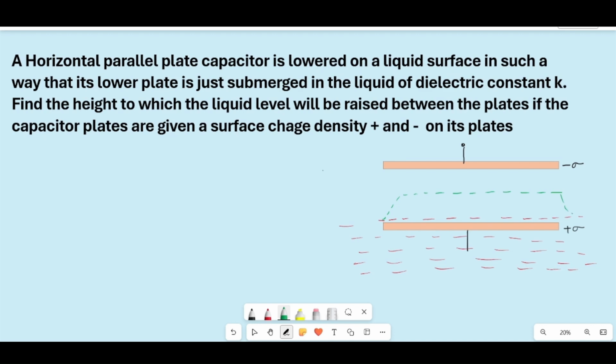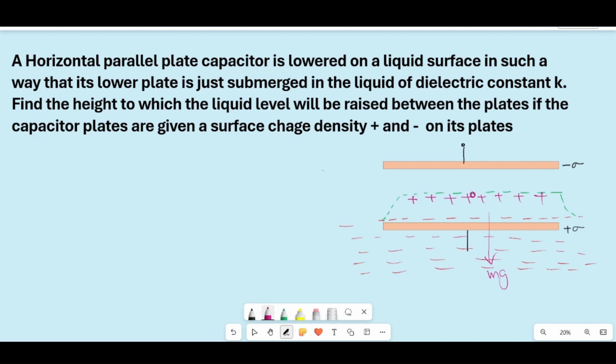The equilibrium position is reached when the weight of the liquid, which acts vertically downward, is balanced with the force due to the electric field. Say this is the negatively charged plate. By induction, the liquid surface gets positive charge.